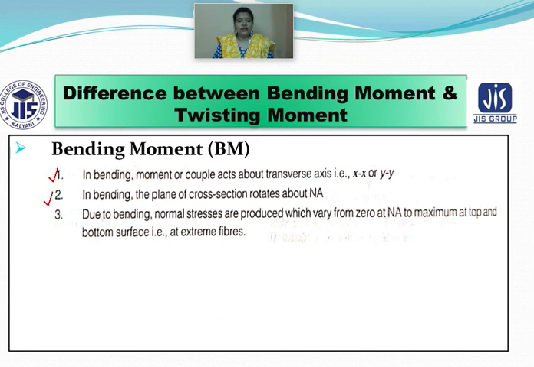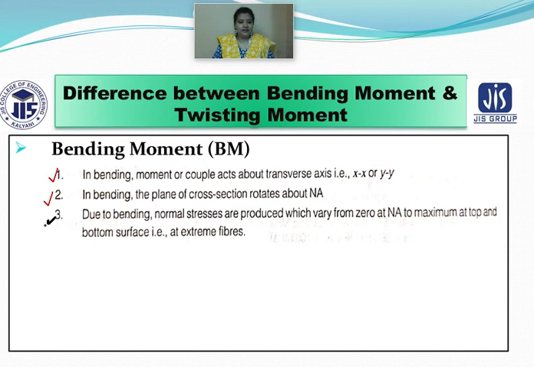Next, we are talking about the bending moment. So in bending, the plane of cross section rotates about your neutral axis. So again, I am talking about neutral axis. In bending, again I am repeating, the plane of cross section basically rotates about your neutral axis.